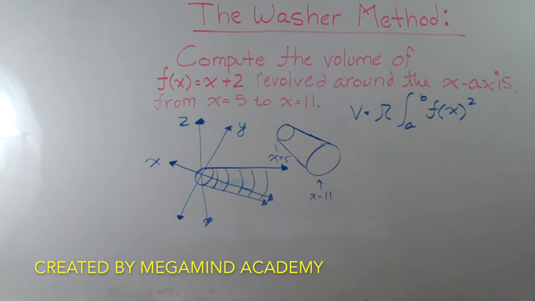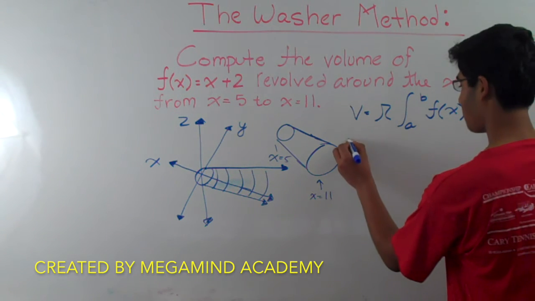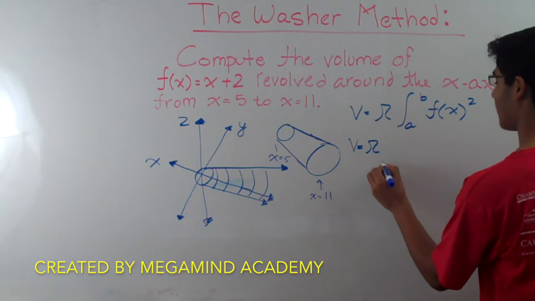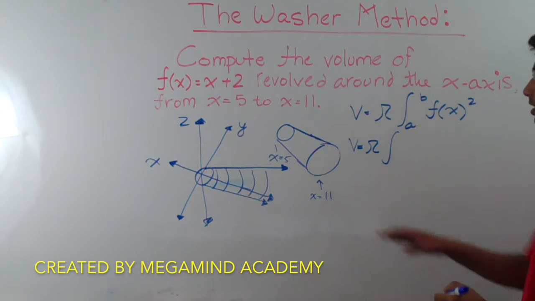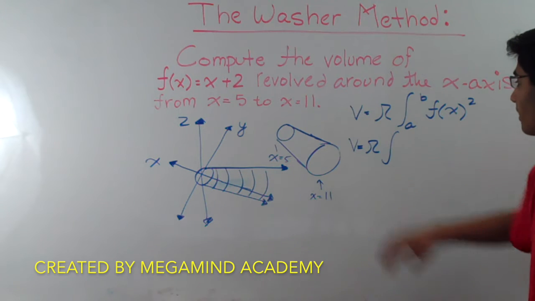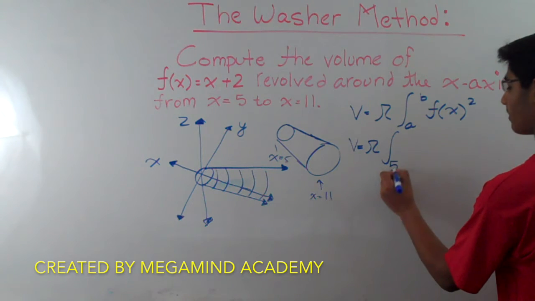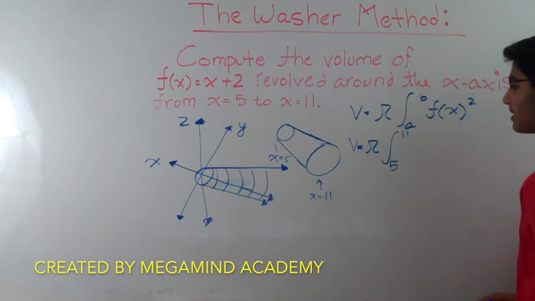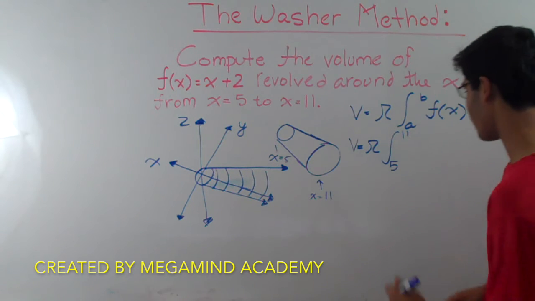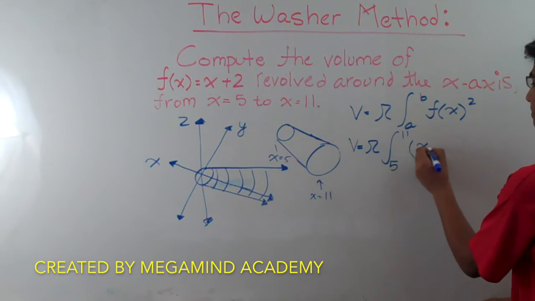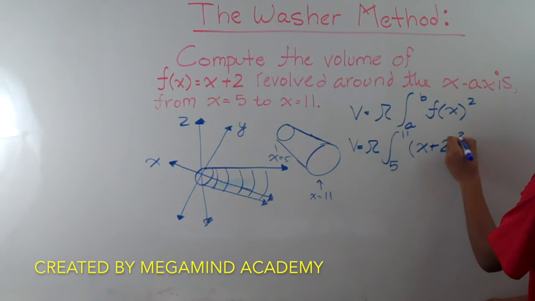So here we have to revolve this line around the x-axis, so we can just use the washer method. The volume would be equal to pi times the integral from 5 to 11 of f of x, which is x plus 2, squared.